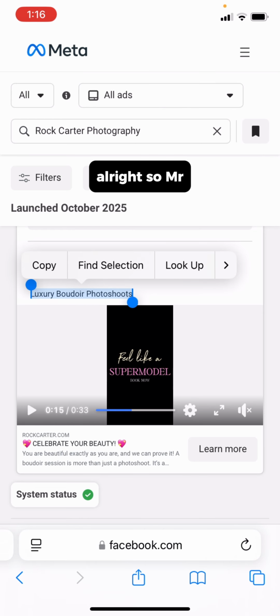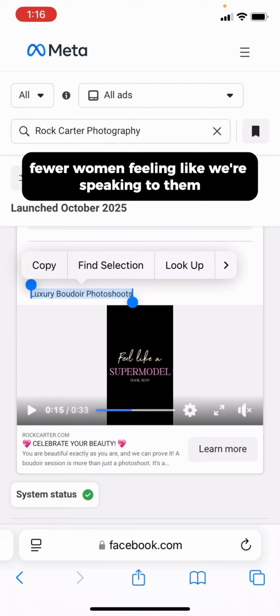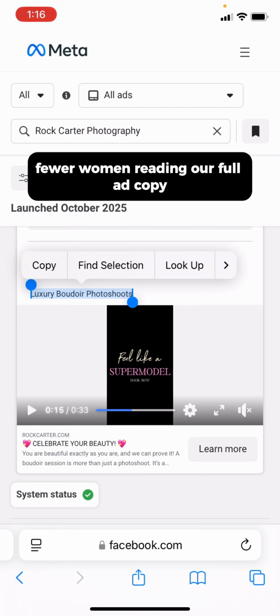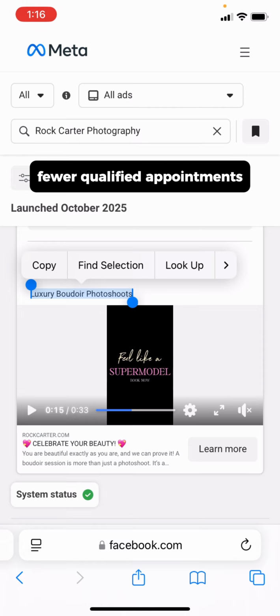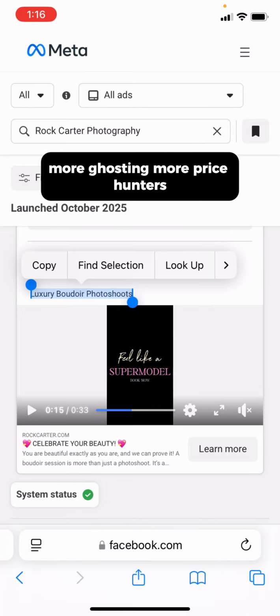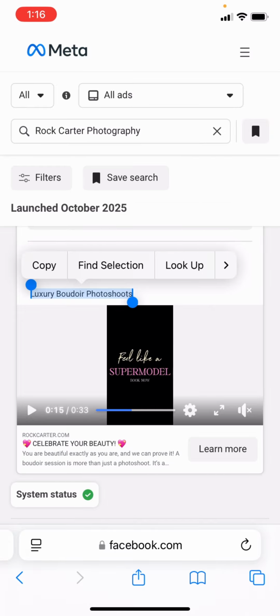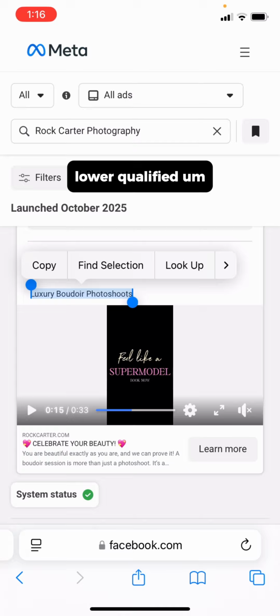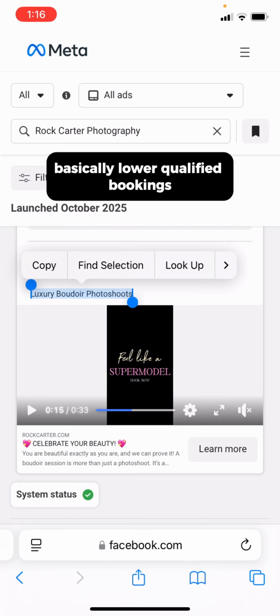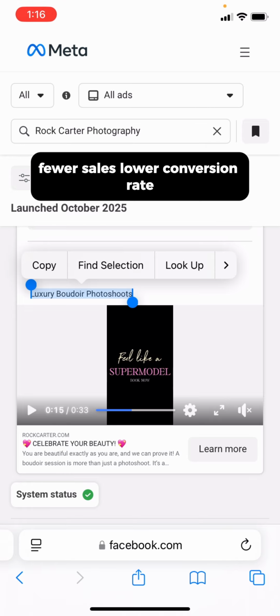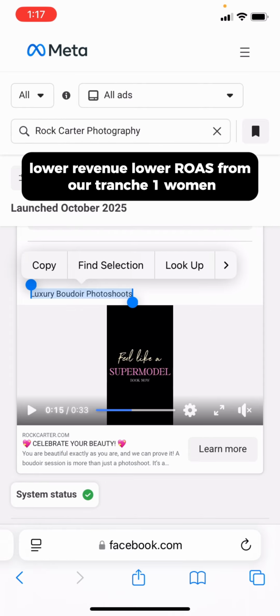All right, so we're missing the triangle of mental tension, fewer women feeling like we're speaking to them, fewer women reading our full ad copy, consuming our full video. So we're having fewer qualified leads, fewer qualified appointments, more ghosting, more price hunters, more price kickers, basically lower qualified bookings, fewer sales, lower conversion rate, lower revenue, lower ROAS from our tranche one women.